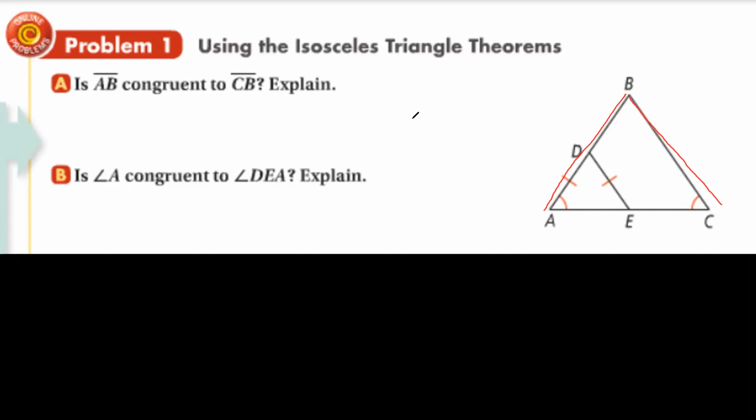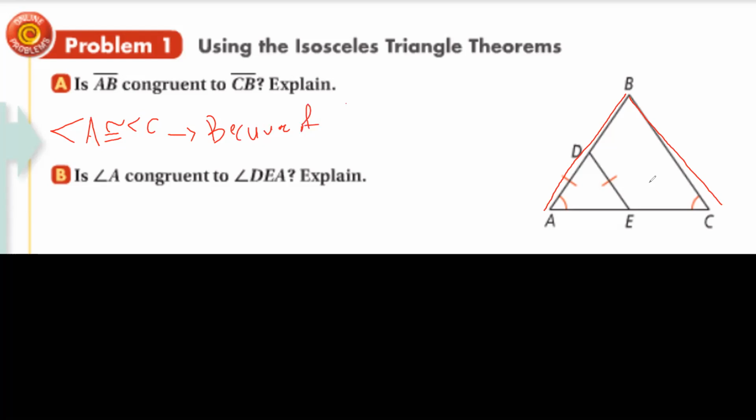Yes, because the opposite angles A and C are congruent. Since angle A is congruent with angle C, because of the converse theorem, I can conclude that AB is congruent with CB.